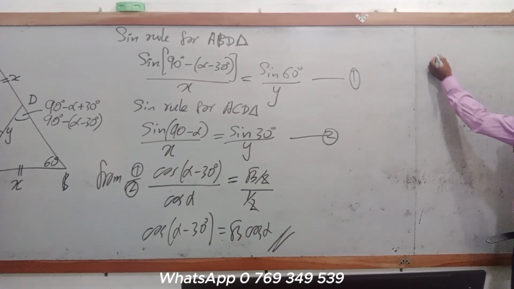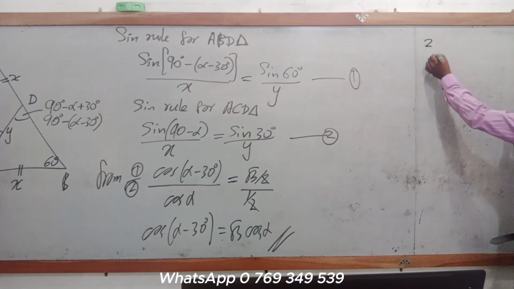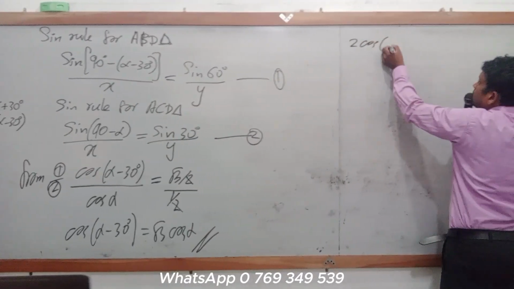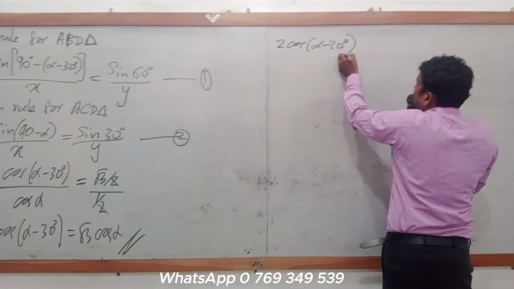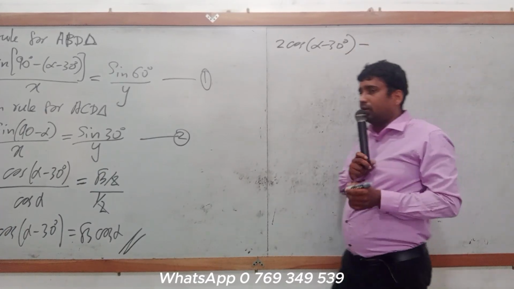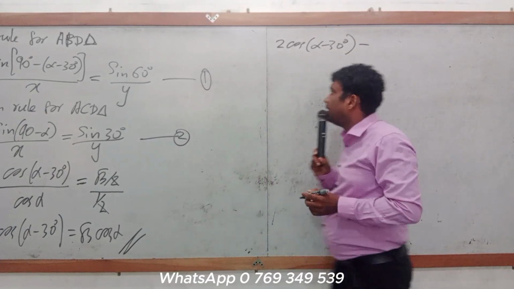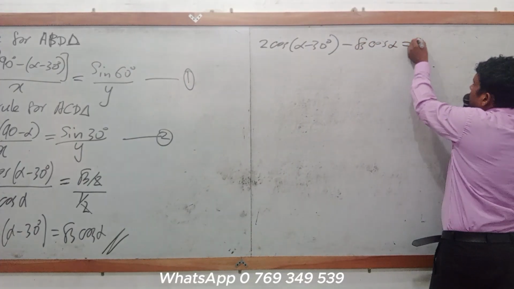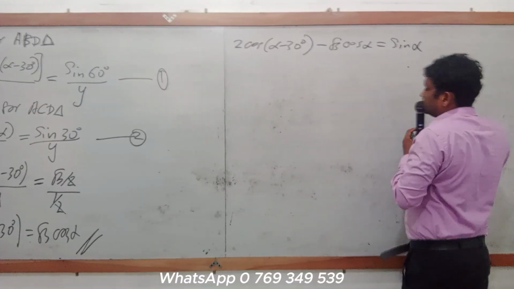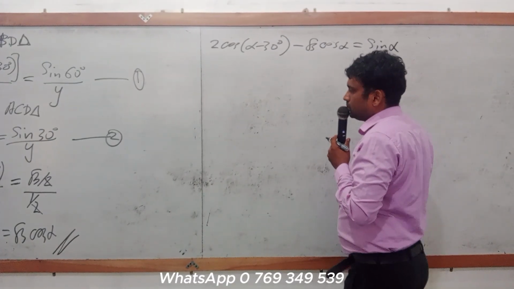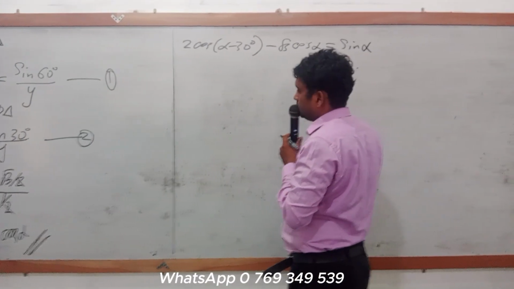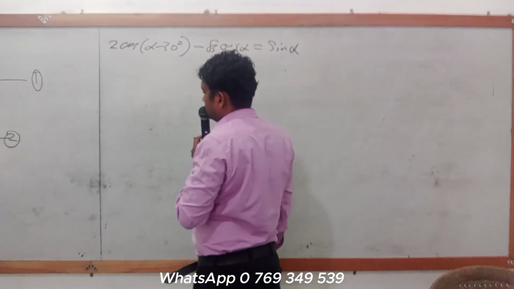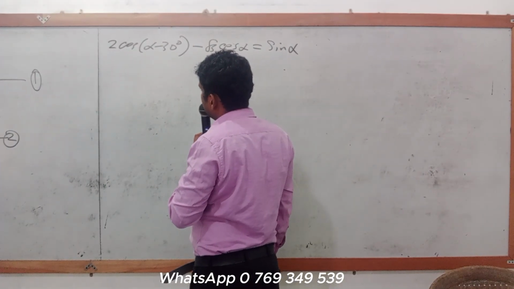What about the previous result? 2 cos alpha minus 30 minus root 3 cos alpha equals sin alpha. Right?